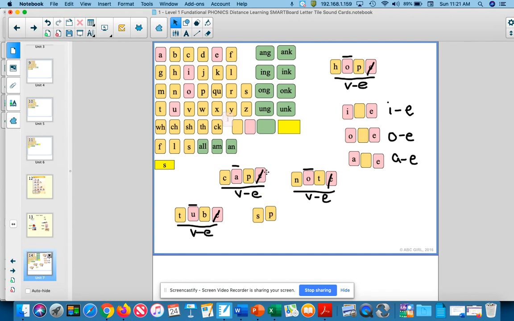S, p, i, n, spin. If I add my magic E, now we have spine. That I is saying its name because of that magic E. I'm going to cross it out, underline, and V, consonant, E. Okay, so it's good to practice.